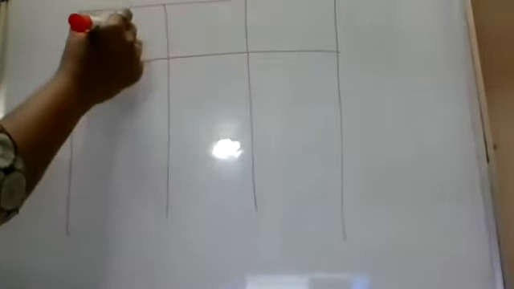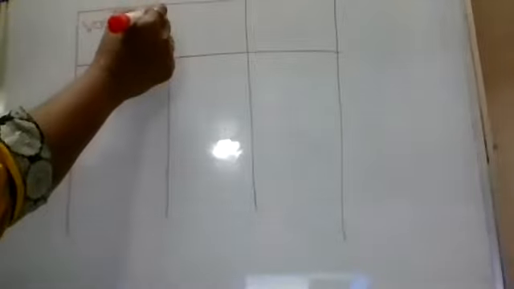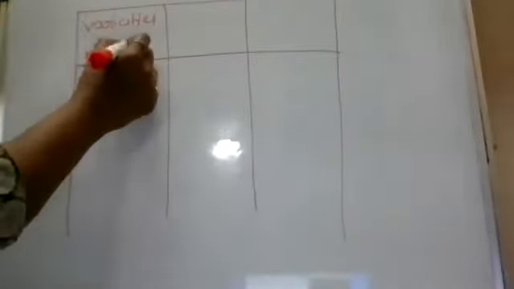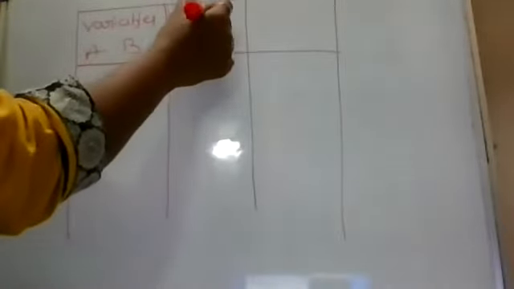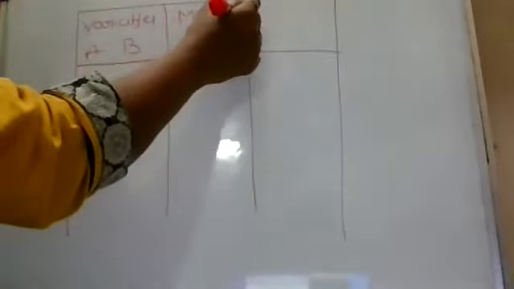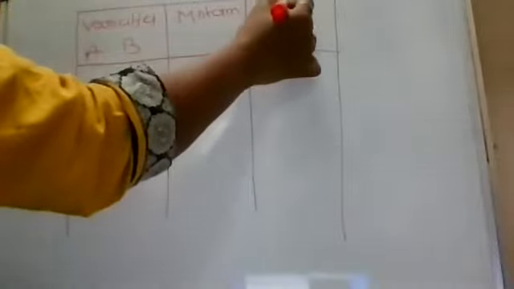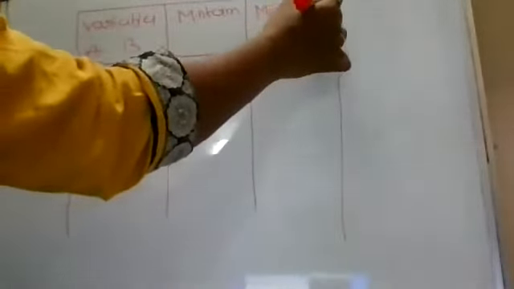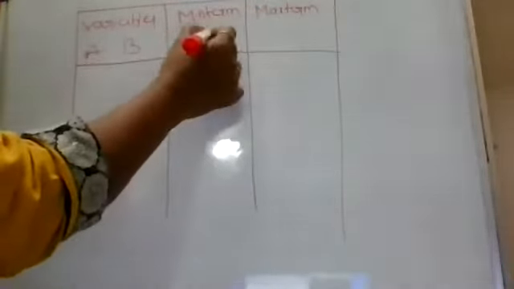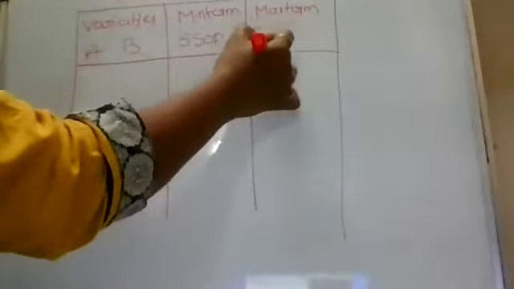So here the variables are A, B. Here minterm, here max term. This is SSOP form, here SPOS.